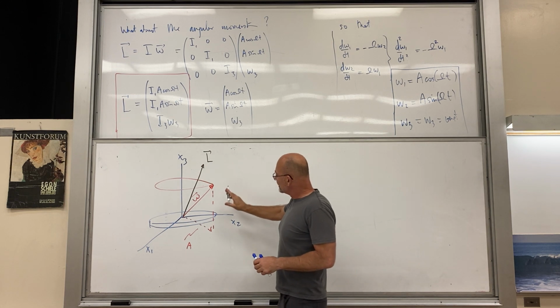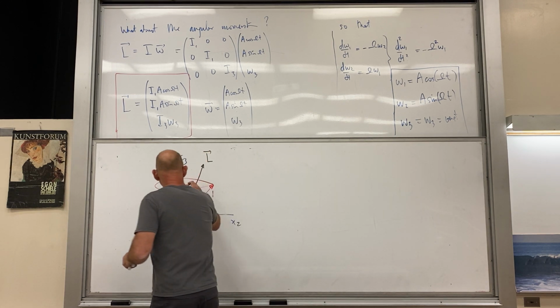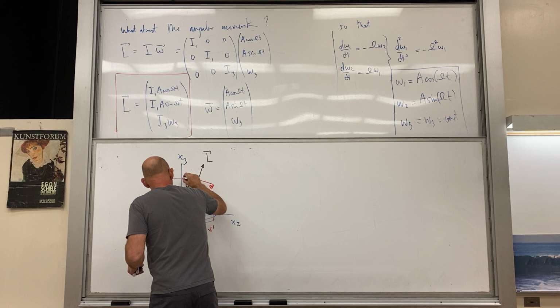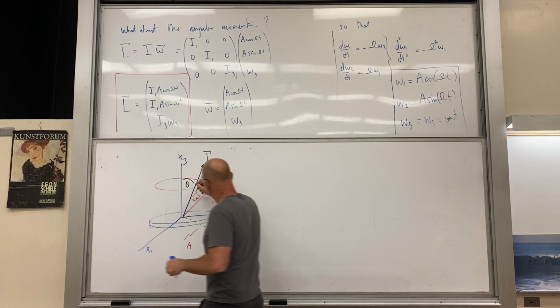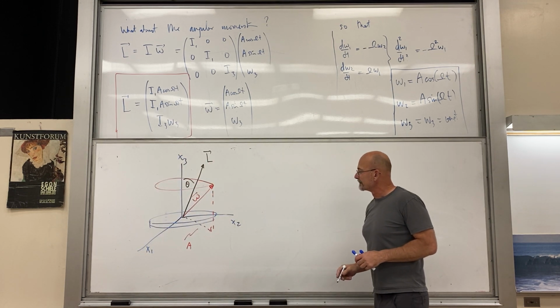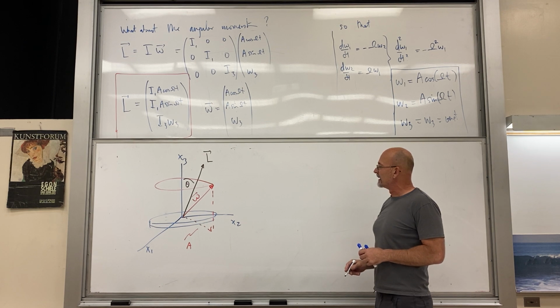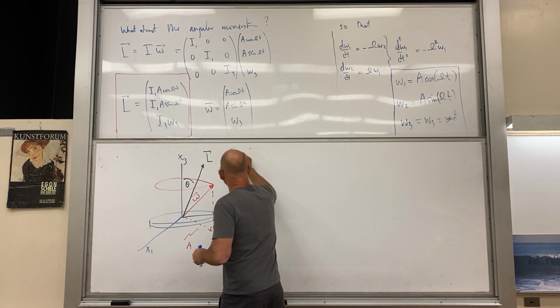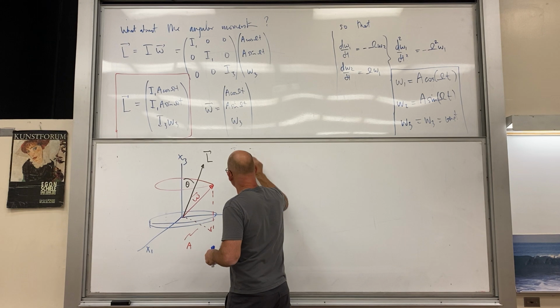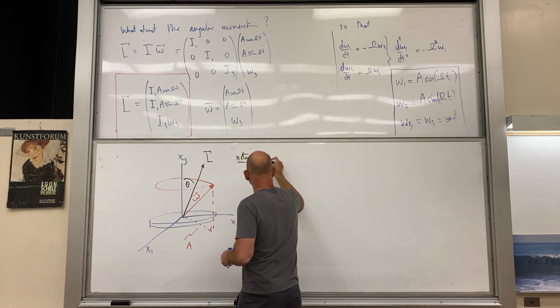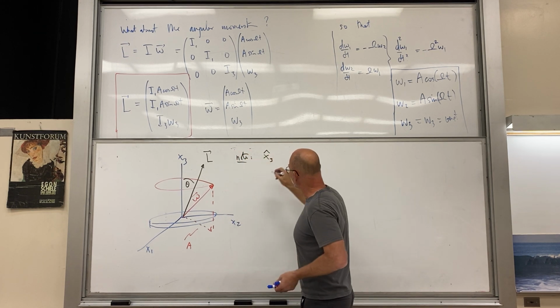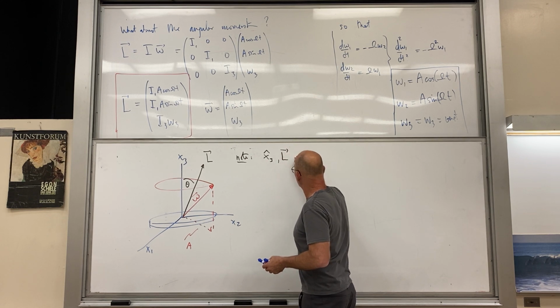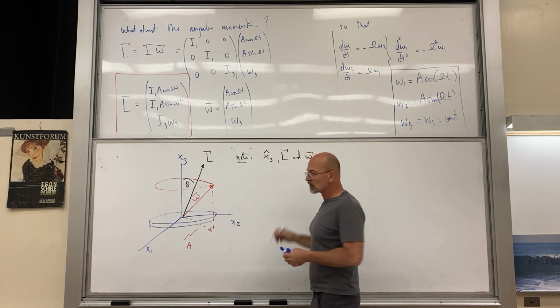So because of this construction here, and I'm even going to put an angle theta between L and x sub 3, this is the very important note. X3 hat, which is of course a vector, L and omega are coplanar.